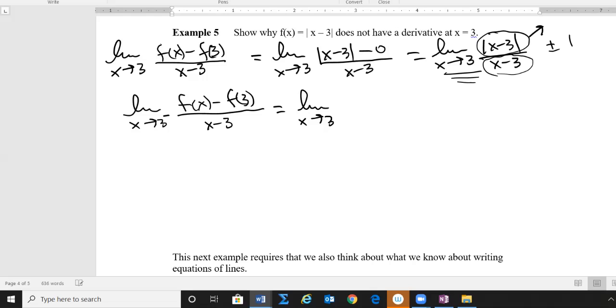So this is more fine detail about what I was saying over here with regard to the signs of these expressions. So x is going to 3 from the left. Our numerator, you have to think about this function here. It's x minus 3 like that, minus f of 3, which is a 0. Okay, and then you have x minus 3 down here.